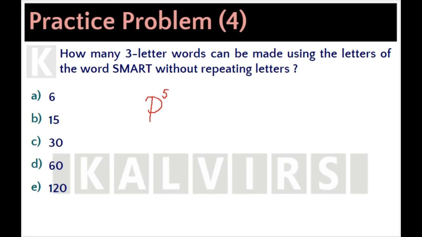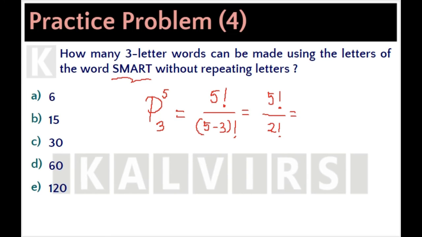Out of 5 different letters, we're going to choose just 3 of them, and this is equal to 5 factorial over 5 minus 3 factorial according to the formula. This is 5 factorial over 2 factorial, and 5 times 4 times 3 times 2 times 1 over 2.